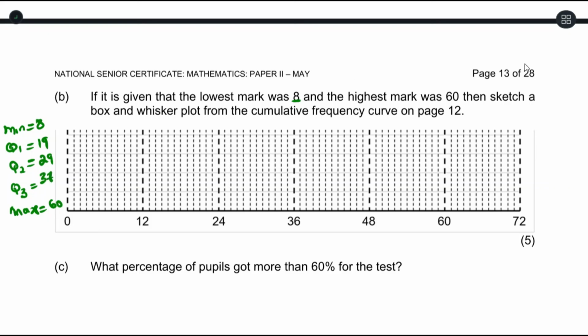Now let's draw a box and whisker plot. We're going to have a line at 8, and each of these divisions is just 1 unit.